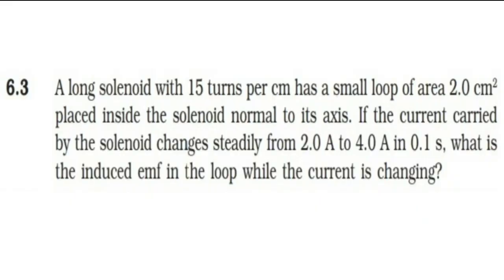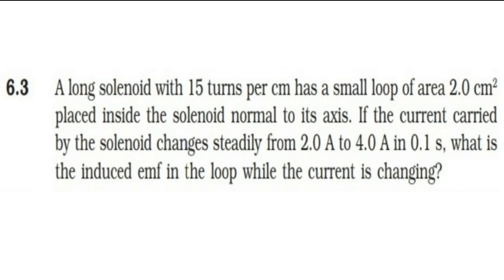Now coming to 6.3, a long solenoid with 15 turns per centimeter has a small loop of area 2 centimeter square placed inside the solenoid normal to its axis. If the current carried by the solenoid changes steadily from 2 ampere to 4 ampere in 0.1 second, what is the induced EMF in the loop while the current is changing?